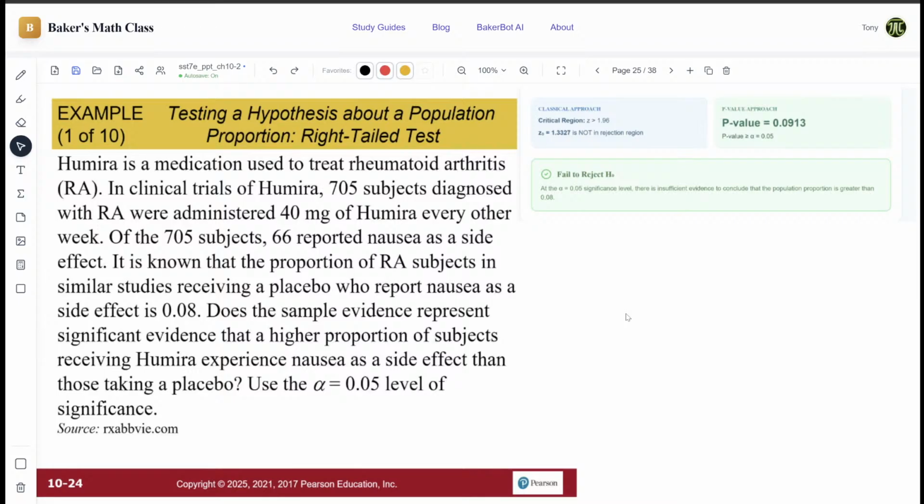All right. So we have failed to reject the null hypothesis. So what does that mean in terms of this problem or this situation? What can we say? Was that a type 1 error?